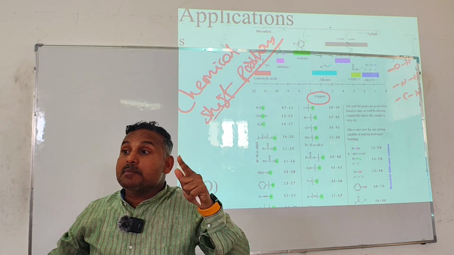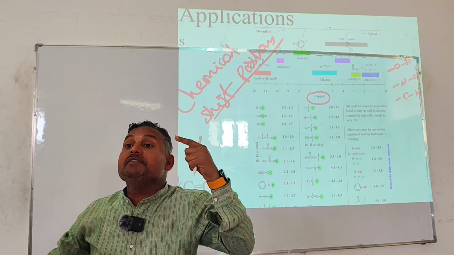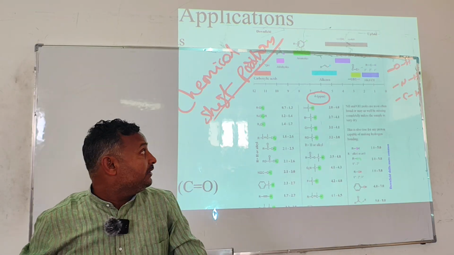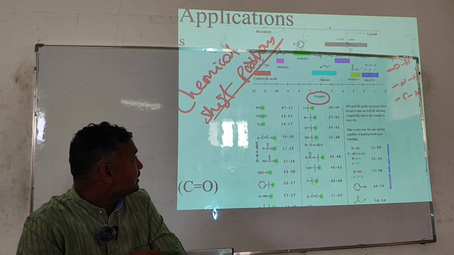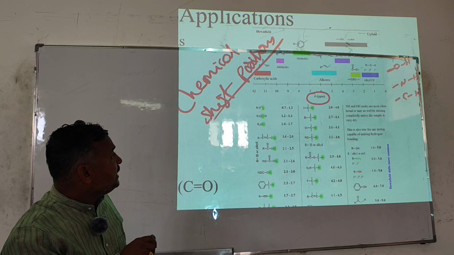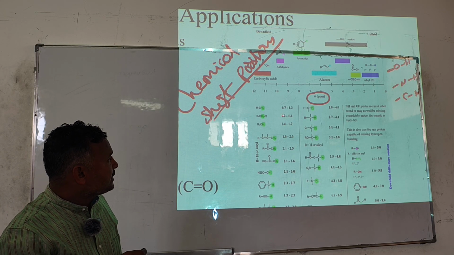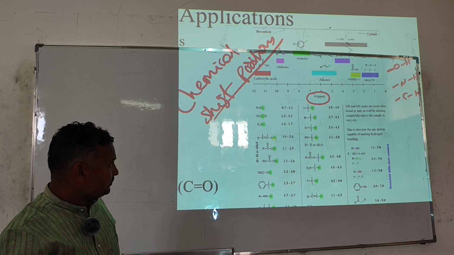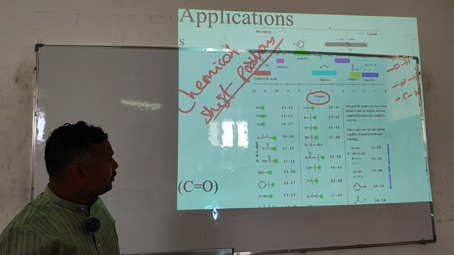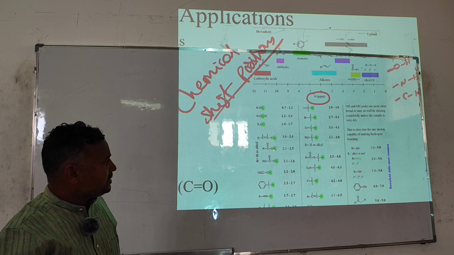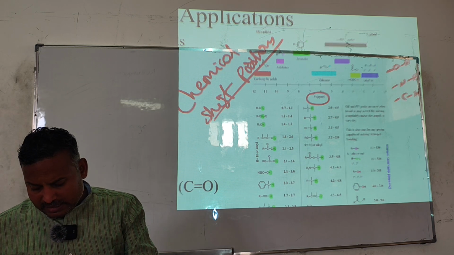Protons having different chemical environments behave differently and give different peaks. Here you can see the CH3 peak in this range, CH2 in this range, CH in this range. This is the vinylic group to which the CH3 is attached. It is at this point. So like this, there are chemical shift positions.